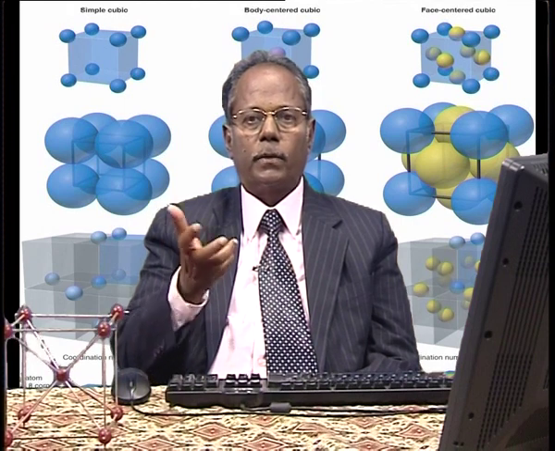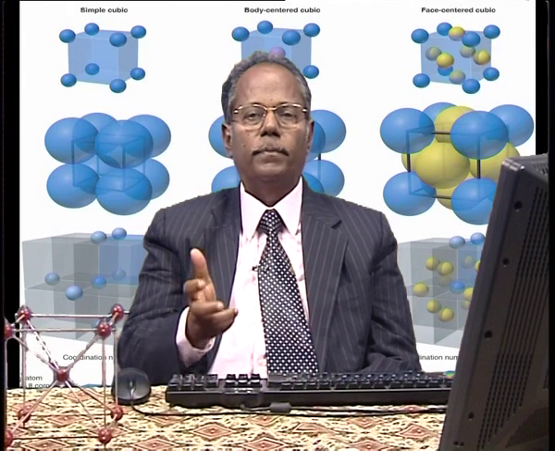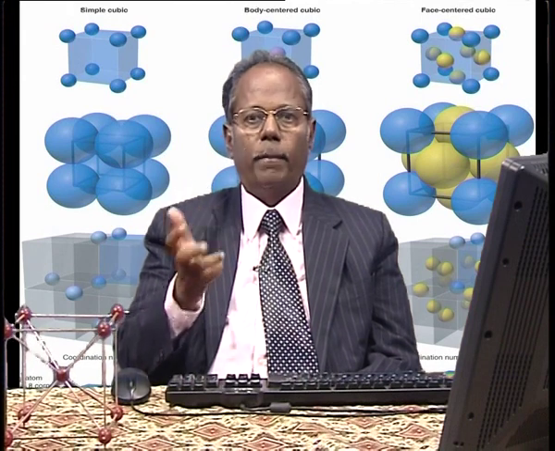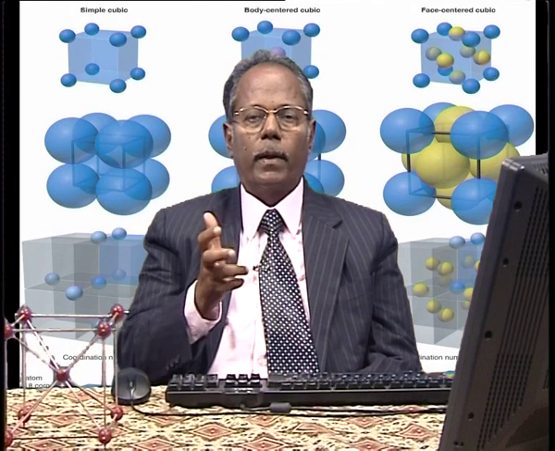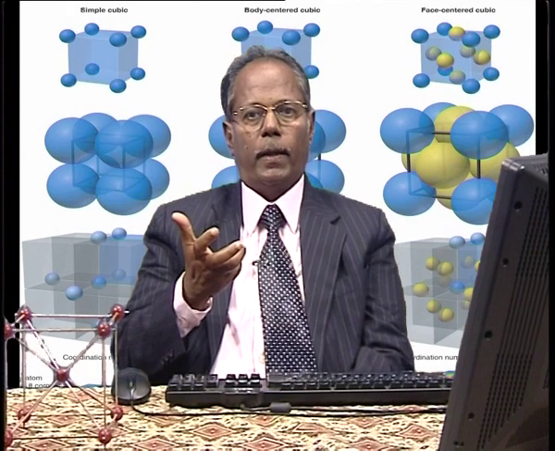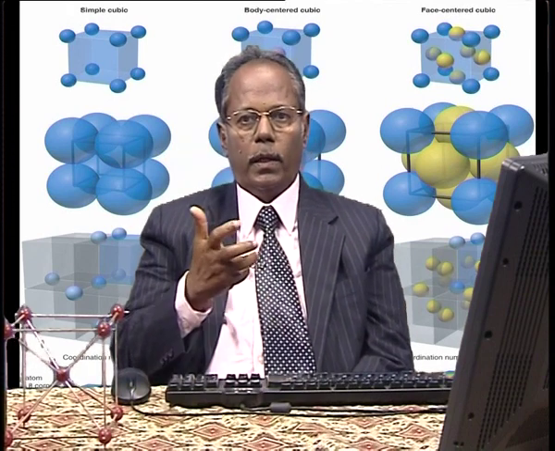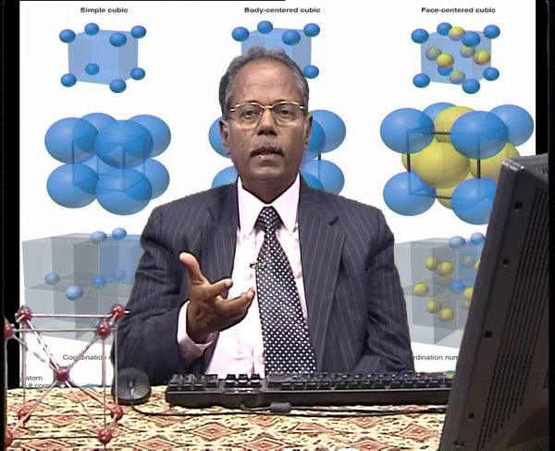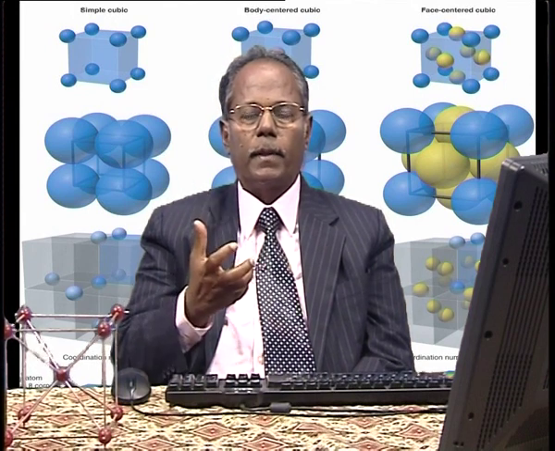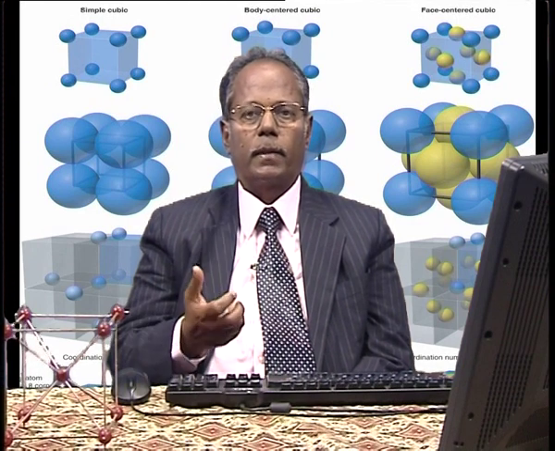Iron should necessarily crystallize at room temperature and at ambient pressure only in the body centered cubic structure. This can be experimentally determined by X-ray diffraction, as I told you earlier in the lectures on bonding. The bonding and structure are intimately related to each other, and so iron should be crystallizing in the body centered cubic structure.